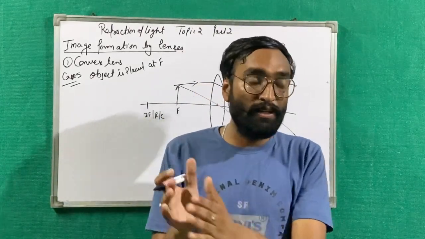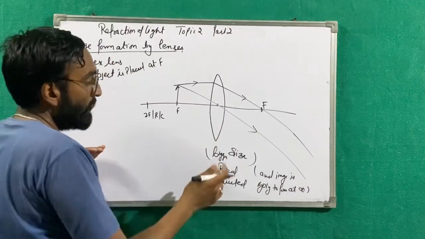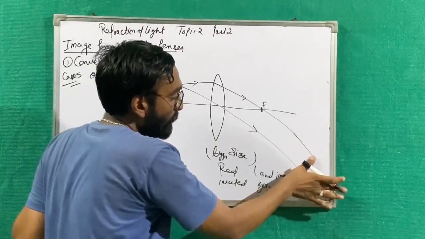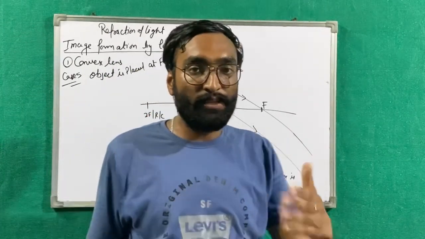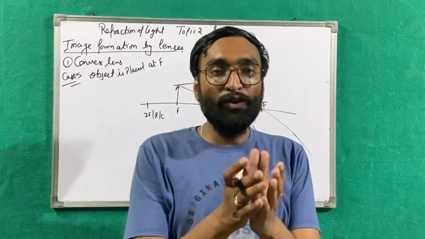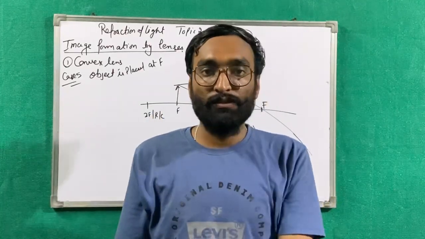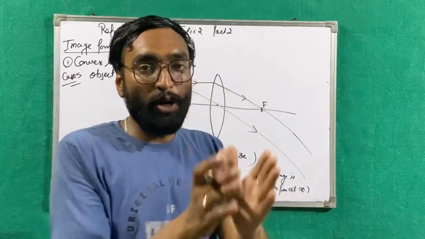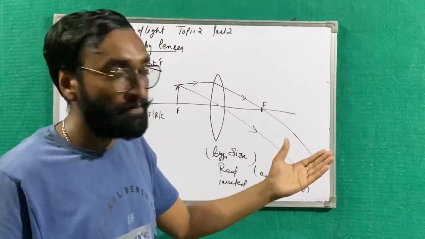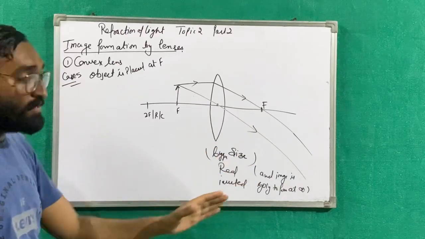Mostly MCQs ask what is going to happen when we place an object at f, or if we are placing an object at the same focal length. So same focal length means the object is placed at f.